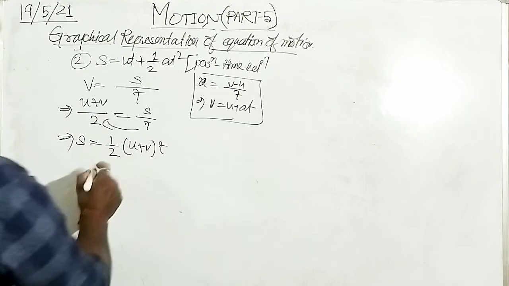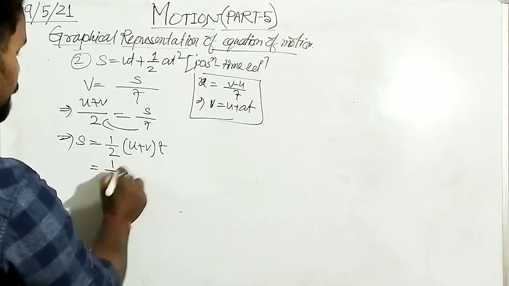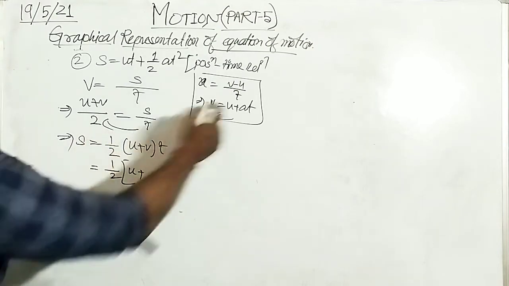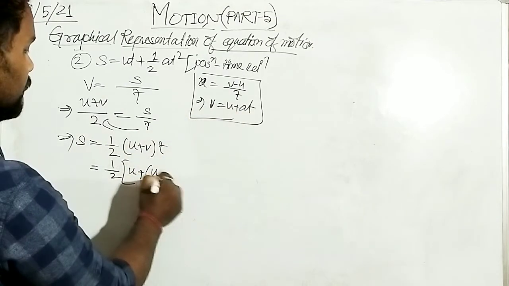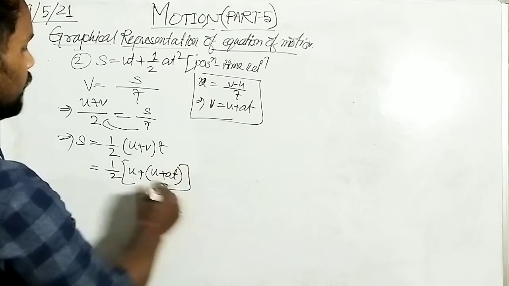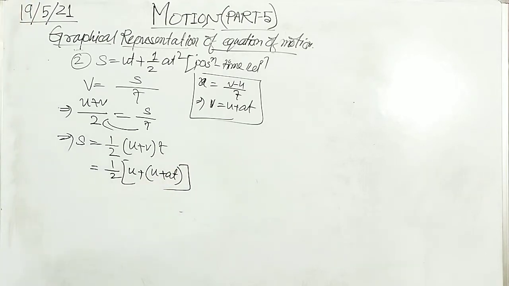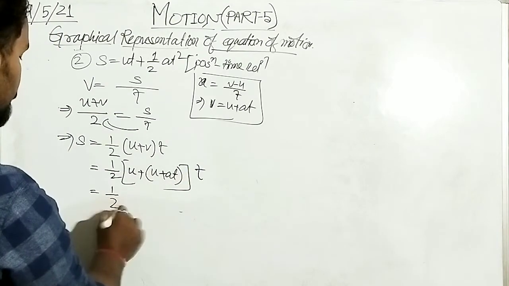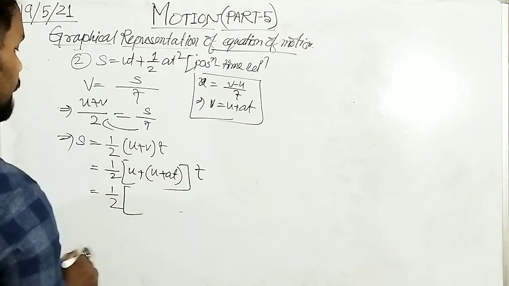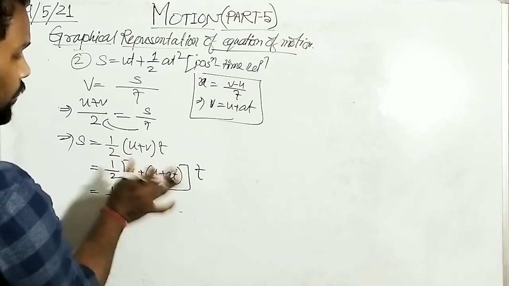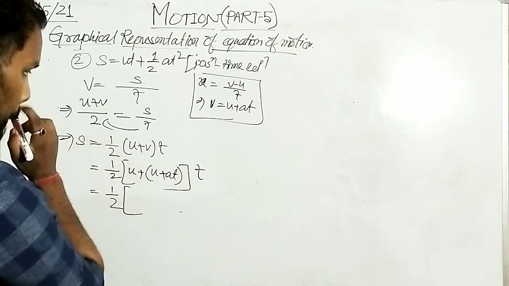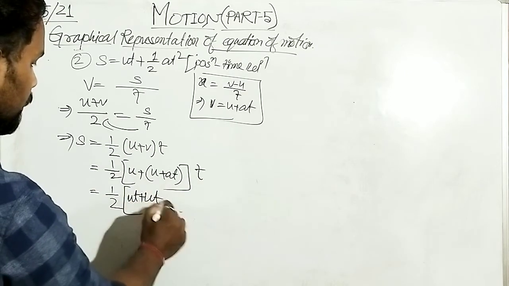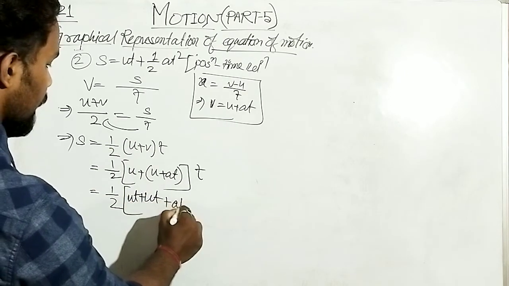Now we will substitute. Keep u as it is. We know that v equal to how much? u plus at. Write it right here: u plus at. Now you keep t as it is. Now simplify the things that are inside the bracket. What is going to be there? ut, then again one more ut, and plus at square.